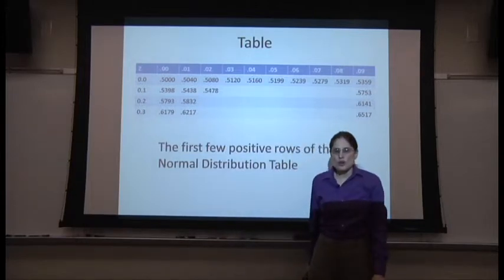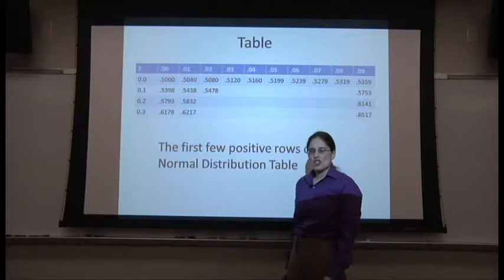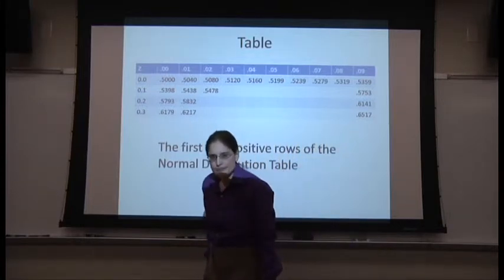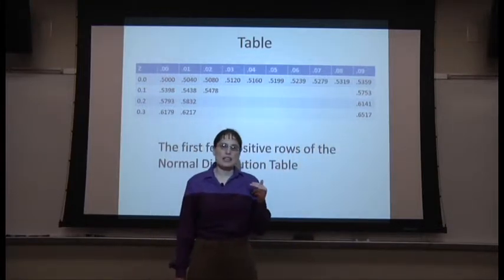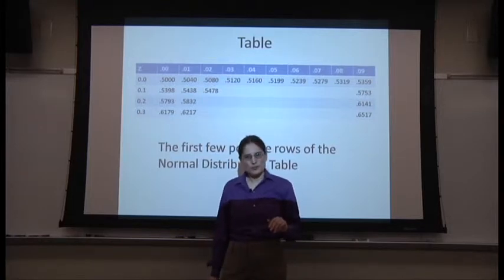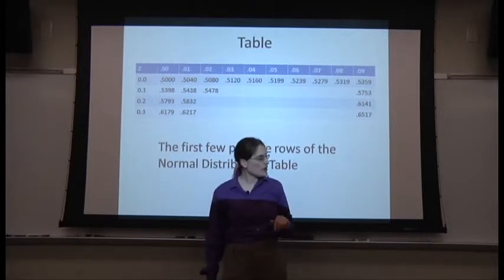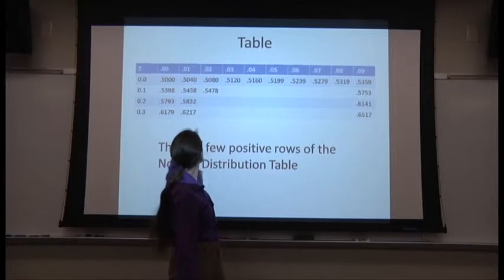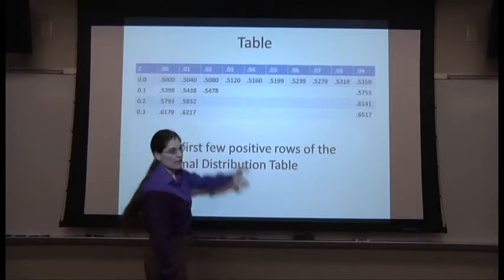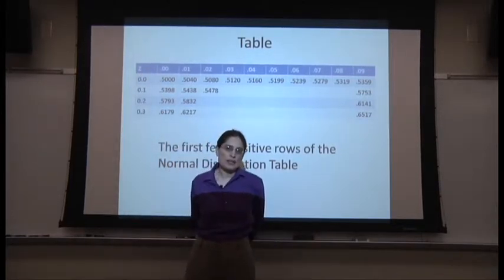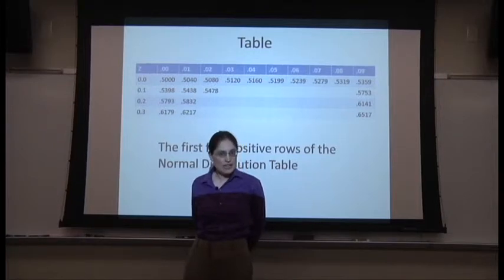And wait, why do we have this giant box of numbers? Well, remember Z-scores? You know, Z, value minus mean divided by standard deviation? Well, we'll get back to that soon.